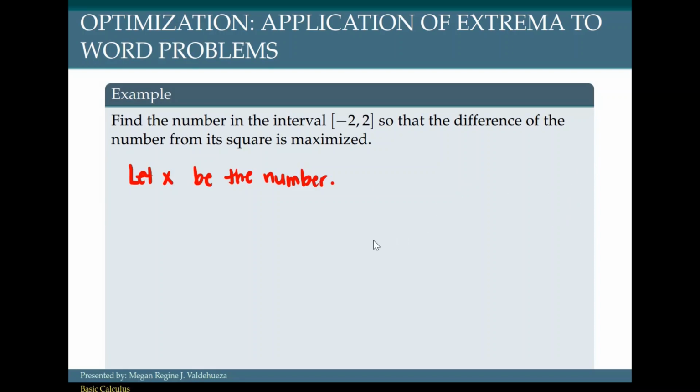And then we specify the objective function. So our function here is to be maximized.